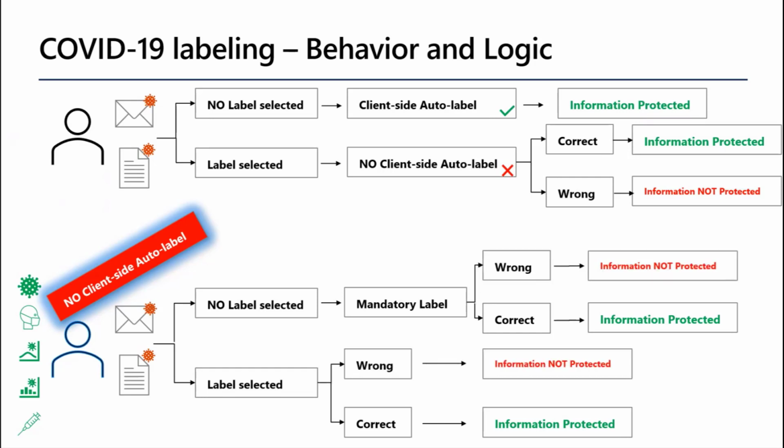But if the user selected the incorrect label, whether on purpose or by mistake, this is where we will have an issue. We will end up with a situation similar to the one above, where a piece of information is manually labeled with the incorrect label, and there is no auto label capability currently that exists to override this.